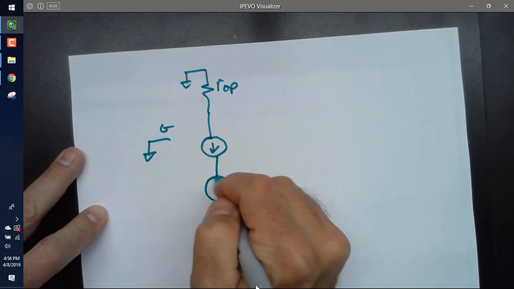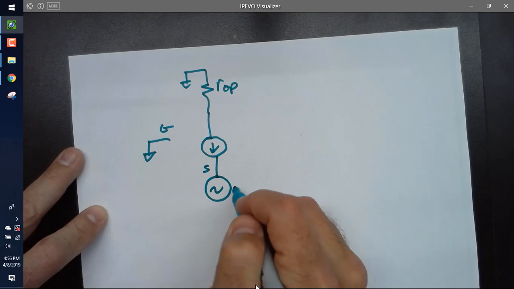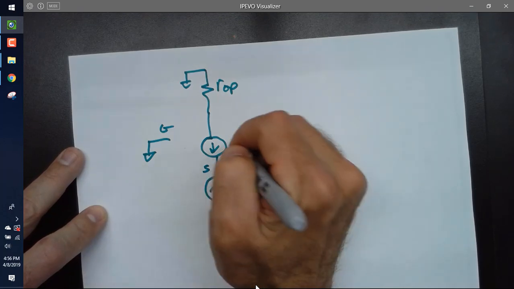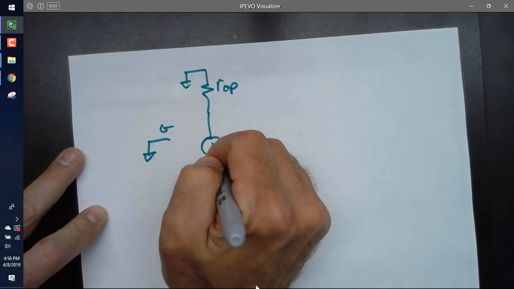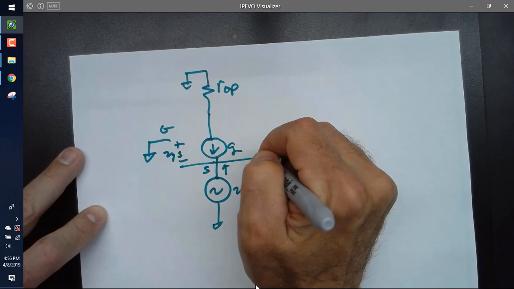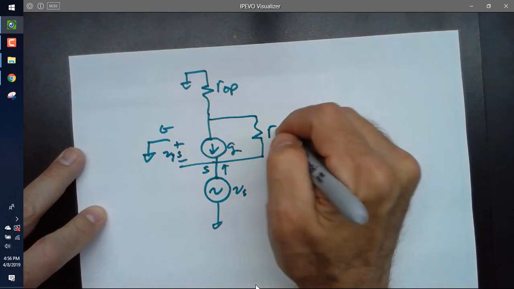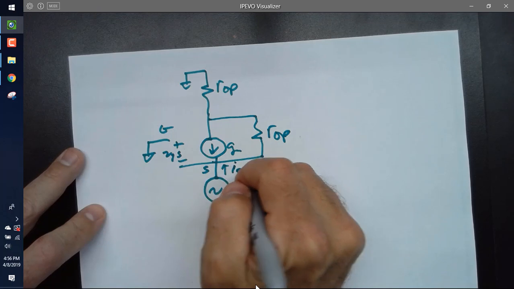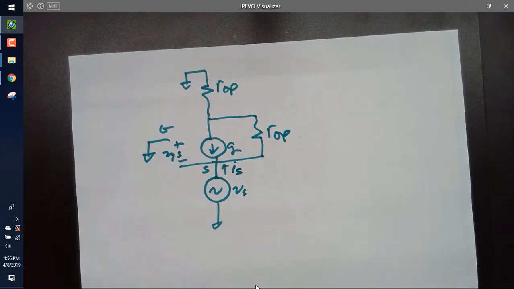This is my source, it's at V source. Then I have this going in, this is GM VGS. Then I've got my R out P here. And this is my IS, and I'll just write it like that. Anybody agree with that? Anybody understand what I've drawn?